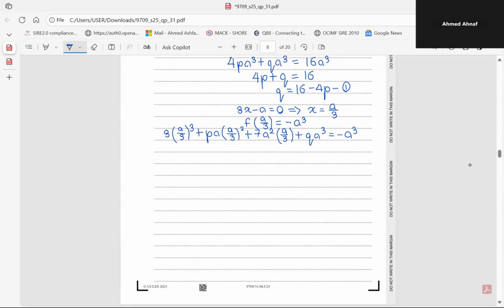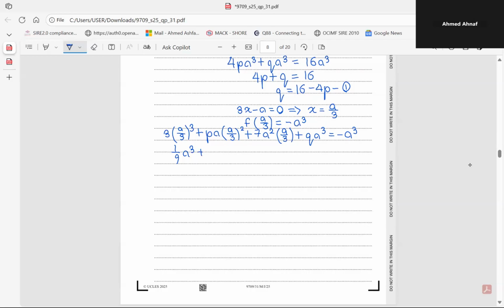So simplifying all this, a over 3 whole thing cubed is just a cubed over 27. And 3 times a cubed over 27, that is just 1 over 9 a cubed.